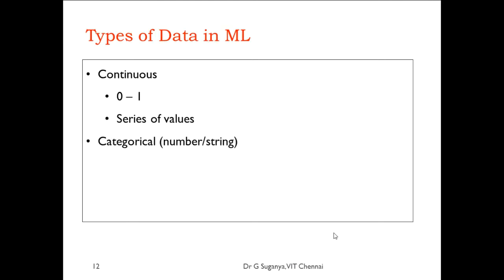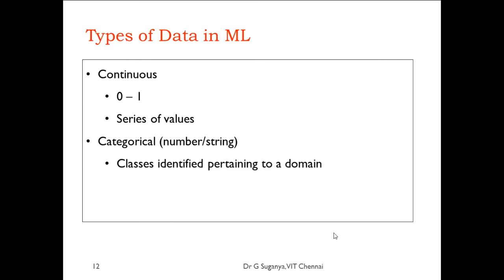And the second kind of data that you can have is categorical data. In the sense that all the output values will be discrete, or if you take the unique values among the output, it will always be finite, and it could be either numbers like 0, 1, 2, or strings like yes, no, level 1, level 2, or anything else, right?